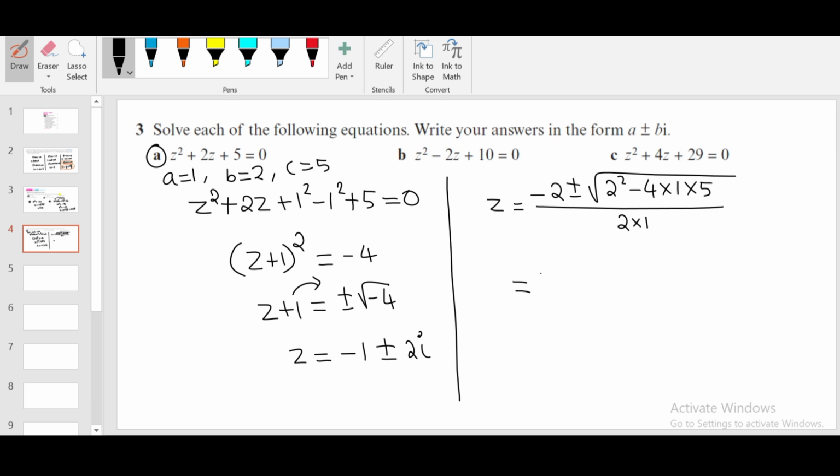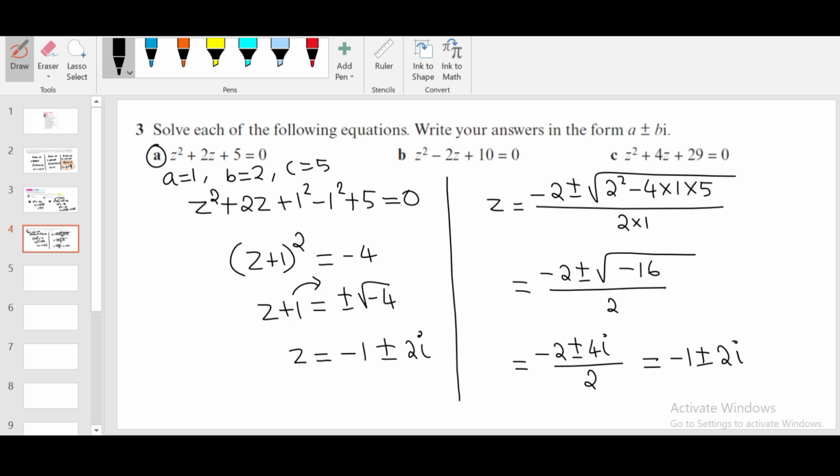So you will get -2 plus or minus the square root of, if you simplify it, 2² is 4, minus 20, negative 16, over 2. Negative 2 plus or minus the square root of 16 is 4, so the square root of negative 16 is 4i, divided by 2. Divide each term by 2 separately, you will get the same answer.